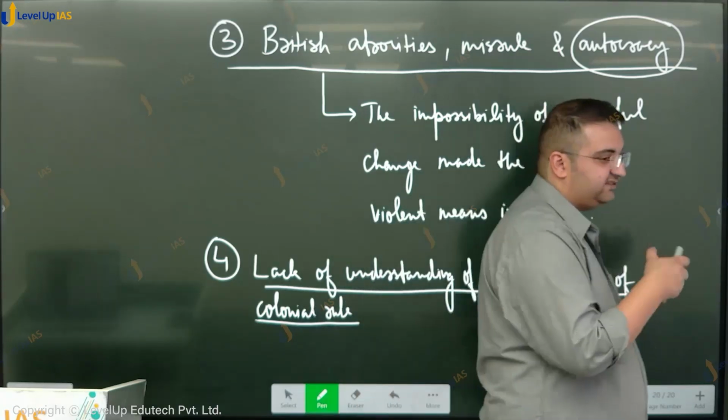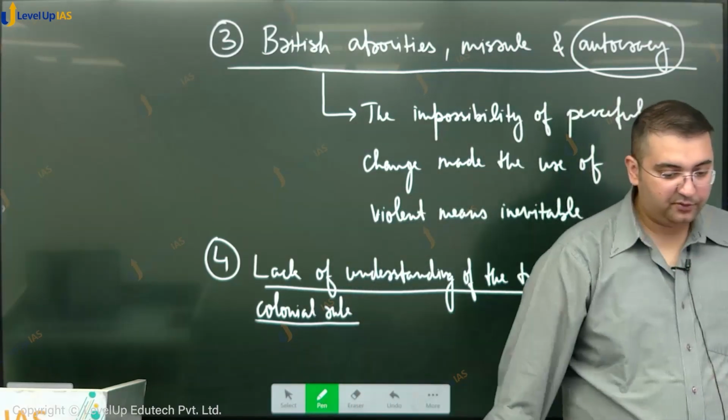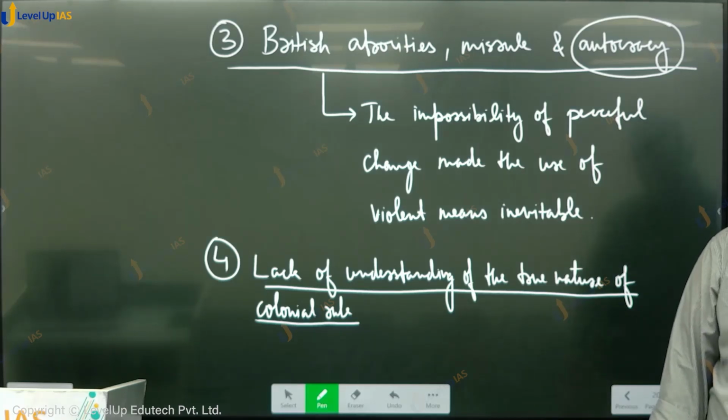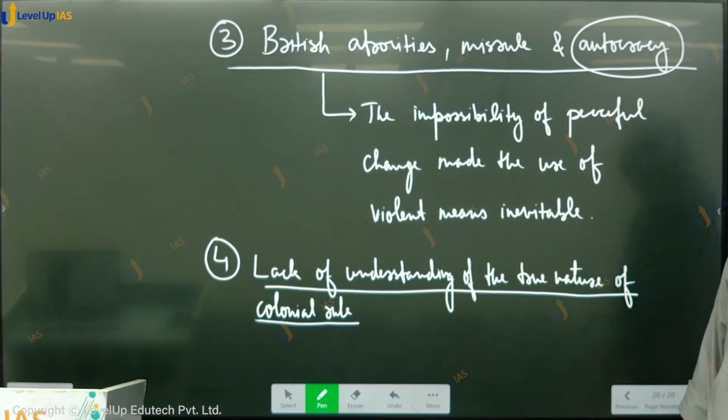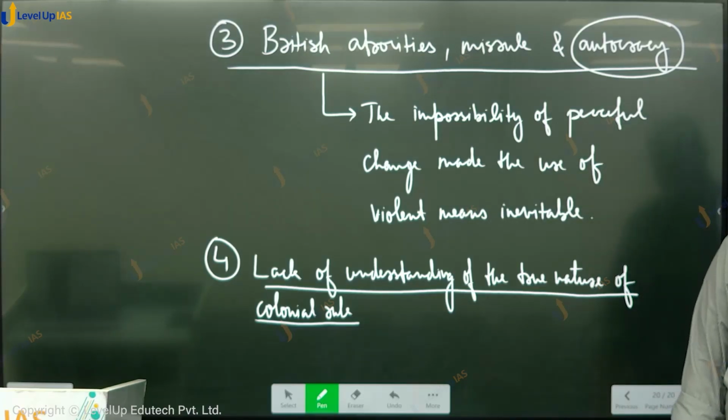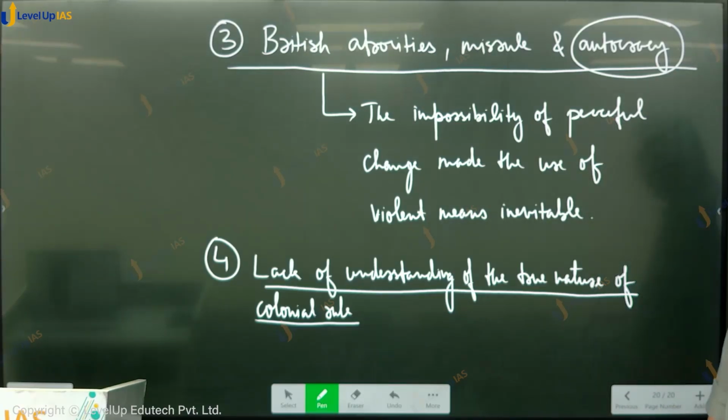They believed that simply by assassinating a few unpopular British officials, they would be able to improve the condition of Indians, not realizing that the colonial rule was like a complex machinery in which individual officials were like replaceable parts. Destroy one, it could always be replaced by another. Okay?